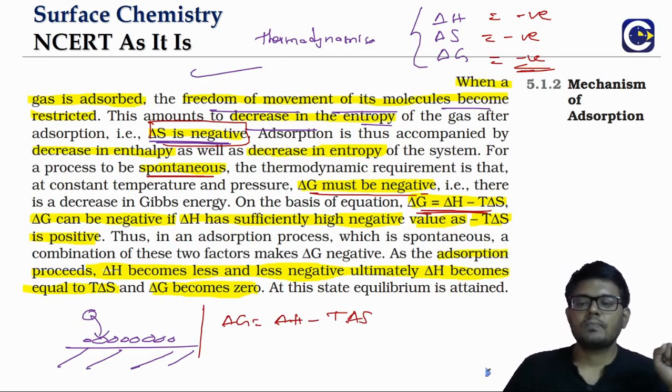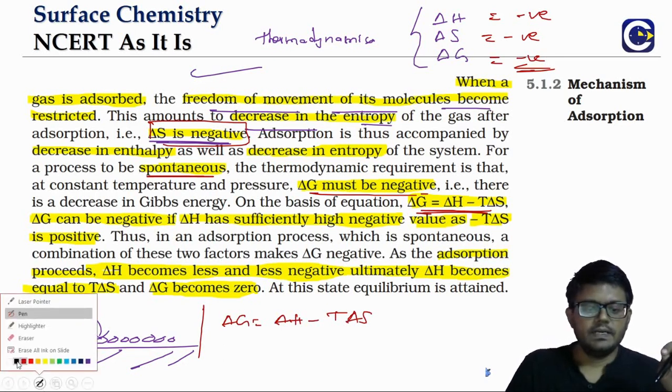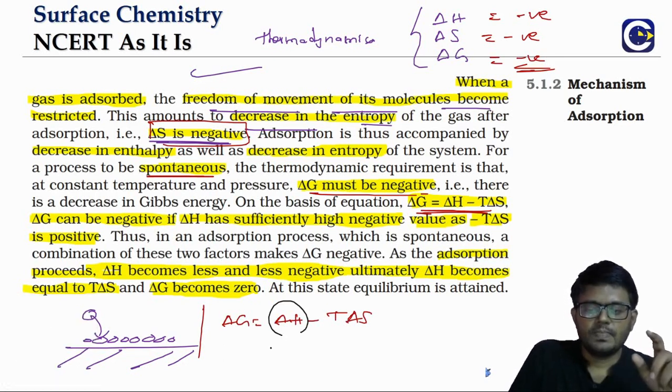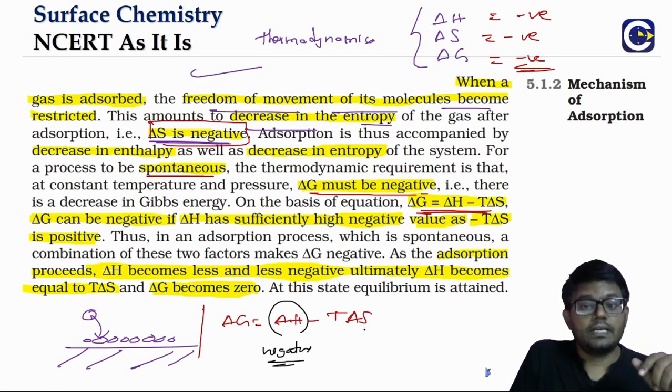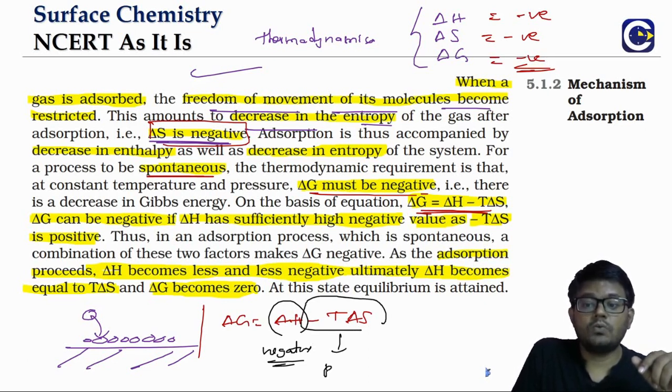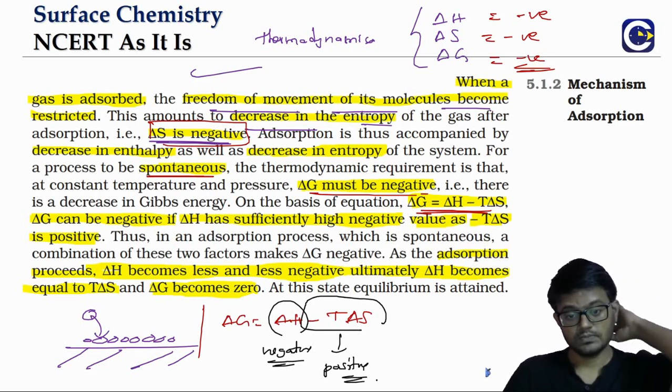Here, delta H is negative. Delta S is also negative. But when you put minus T delta S, this term overall is positive, because you put a minus.